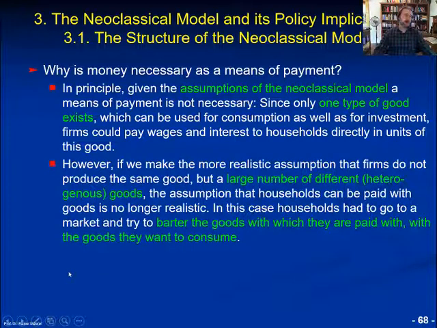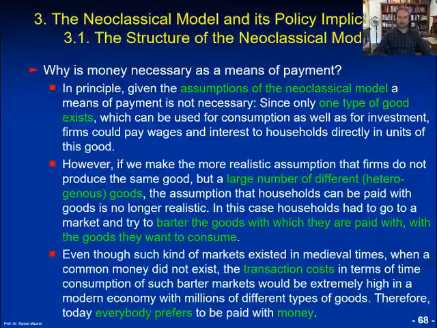However, if you make the more realistic assumption that firms do not produce only one single good but a large number of different heterogeneous goods, the assumption that households can be paid with goods is no longer realistic. In this case, households would have to go to a market and try to barter the goods with which they are paid for the goods they want to consume.